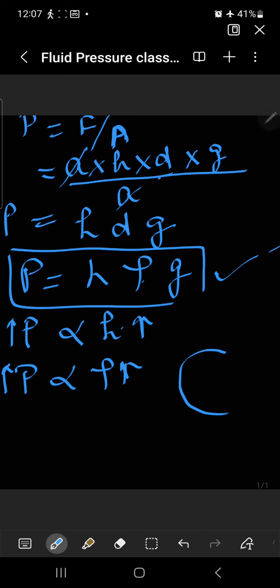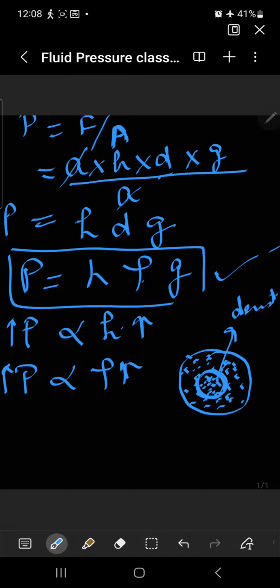What is density? There are some molecules in any matter. Per unit area, the number of molecules is its density.